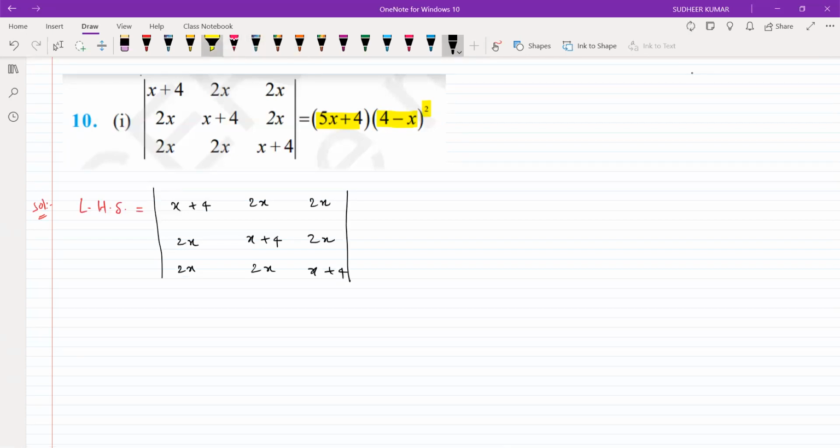So now applying C1 changed as C1 plus C2 plus C3. If you think like that, you will get it at most.